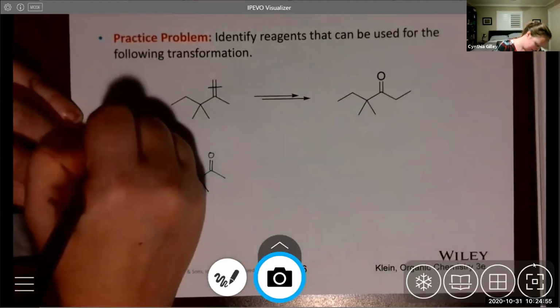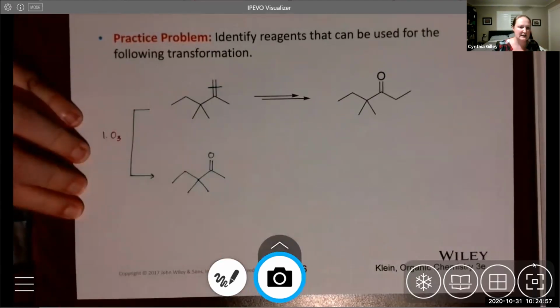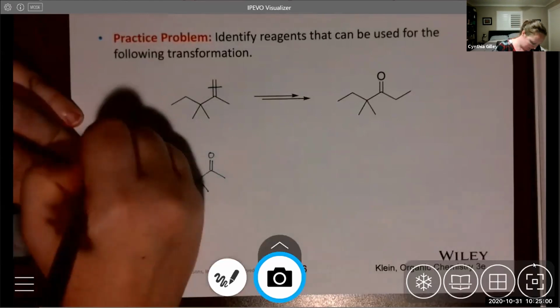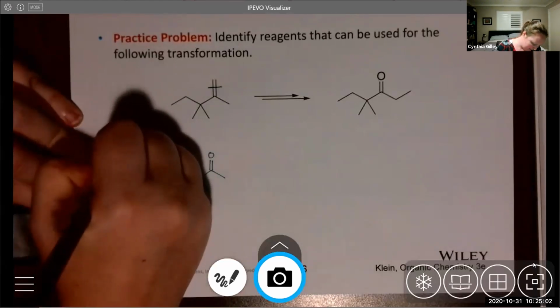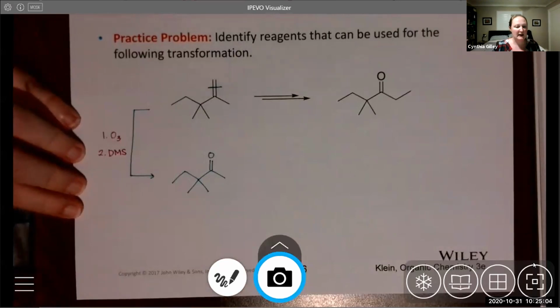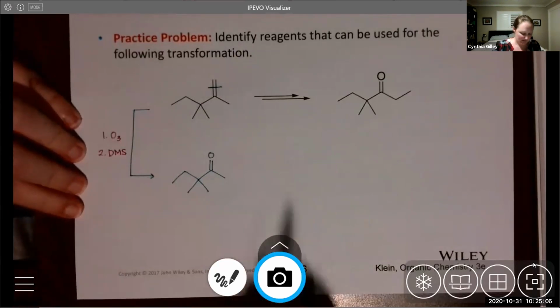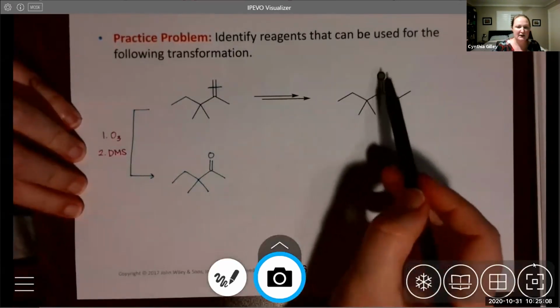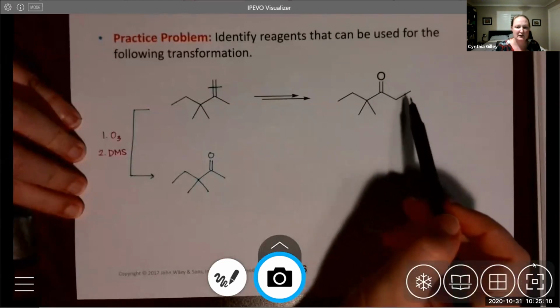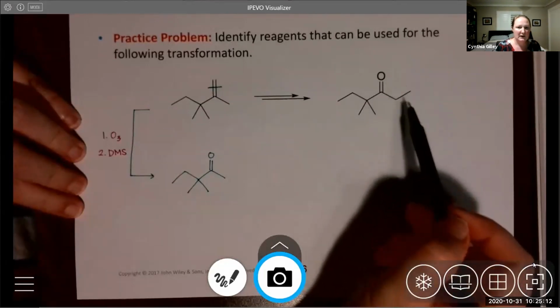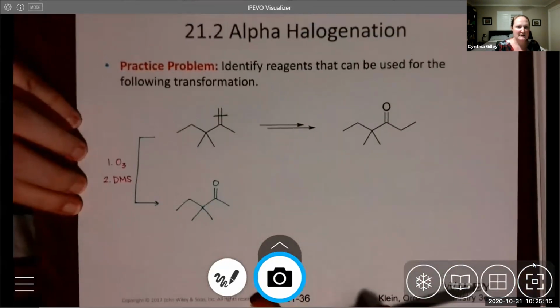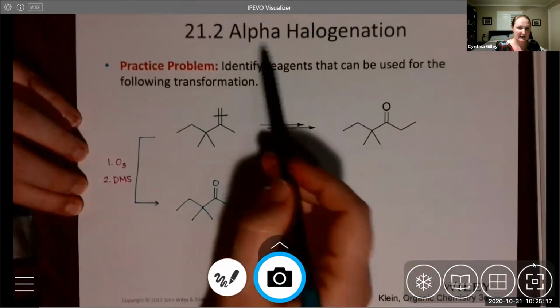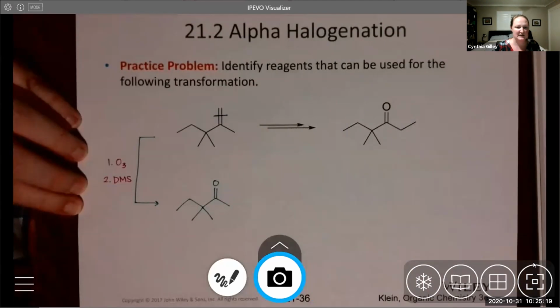Again, ozonolysis of an alkene to produce a ketone utilizes ozone, followed by a reducing agent such as zinc or dimethyl sulfide. Once we have this carbonyl, we're almost there to the product, but we do need to introduce another carbon somehow. We were just talking about alpha halogenation and the haloform reaction specifically.